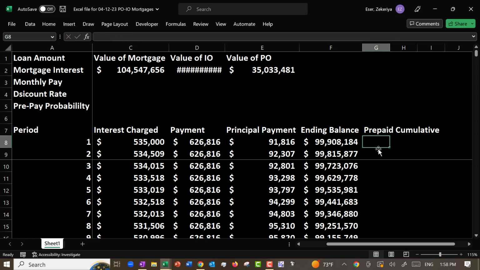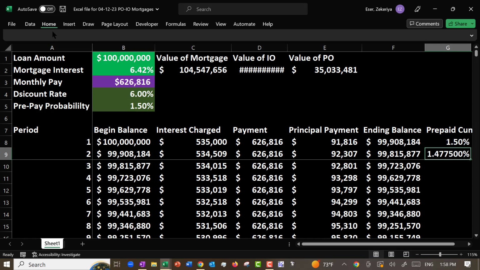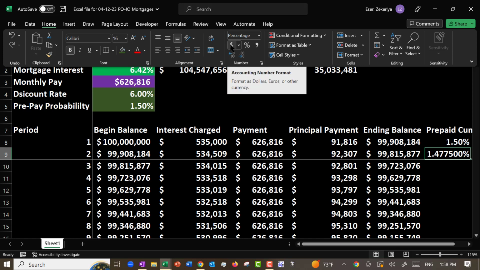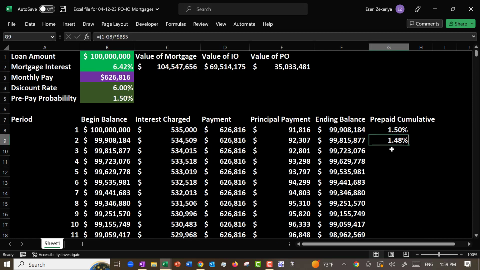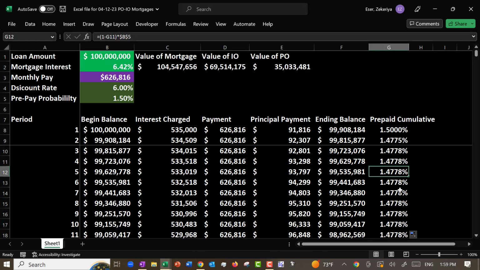So first month, 1.5% is prepaid, right? Second month, of the remaining, why are these numbers the same?